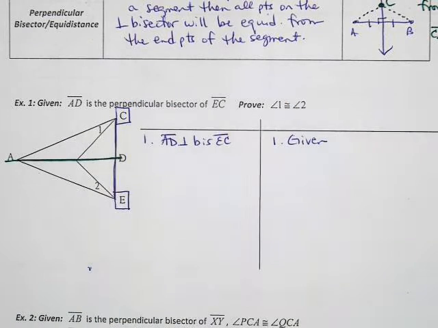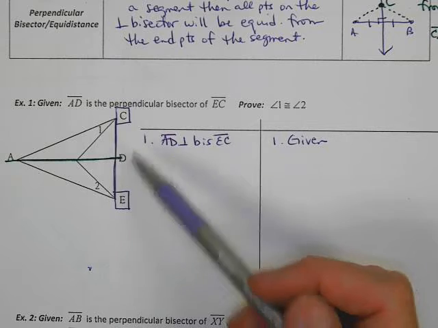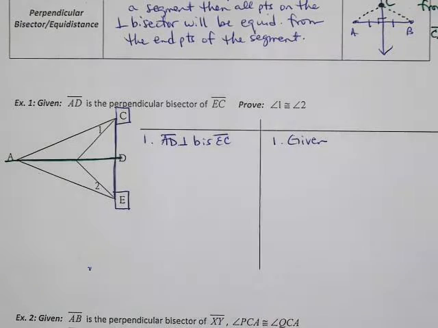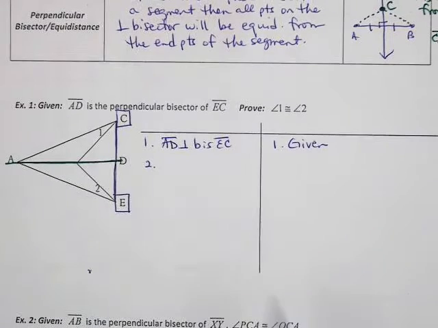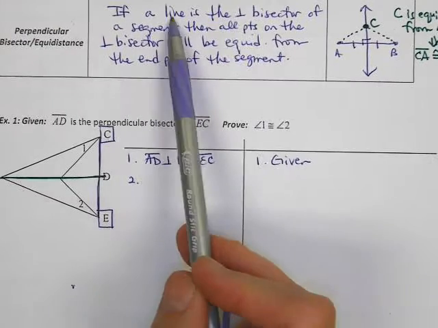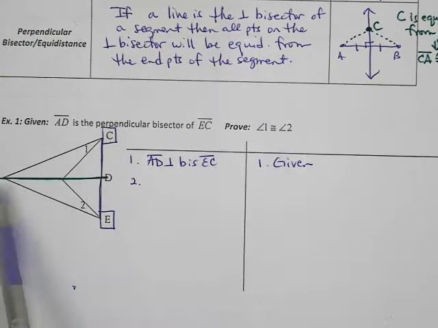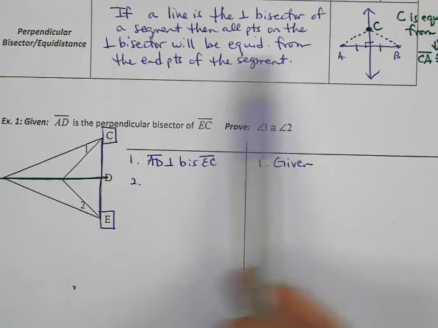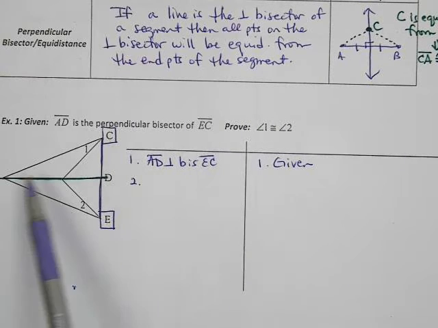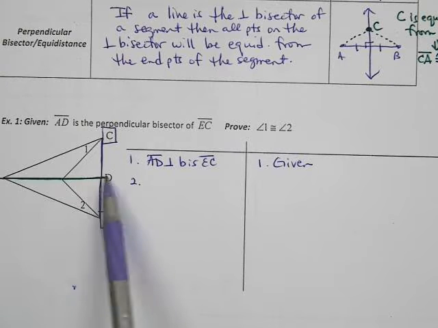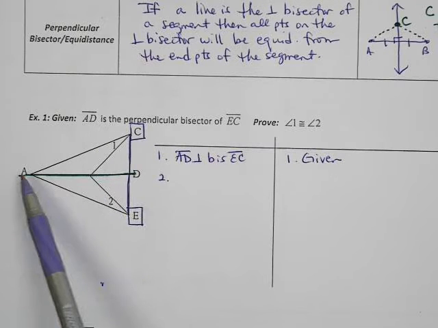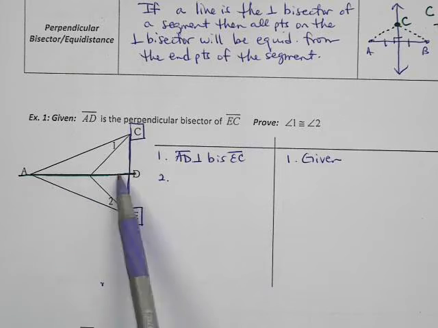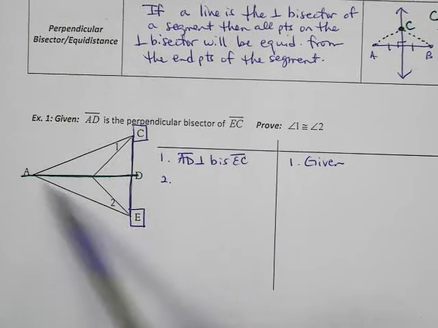So we're talking about being equidistant from C and E.